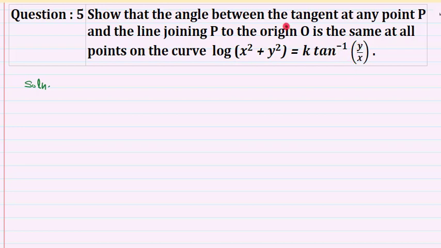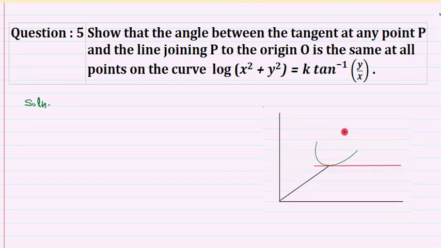So in this question, the basic theme is to find the angle between the tangent drawn at any point P to this curve and the line joining this point P to the origin. So let me explain it with the help of a figure. Here is the figure.